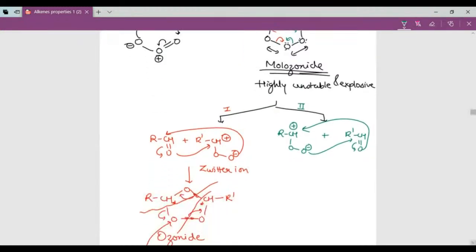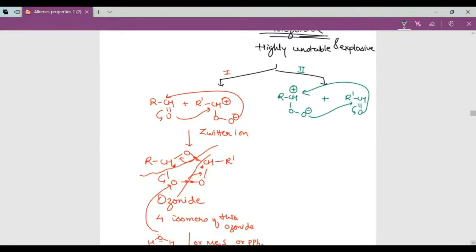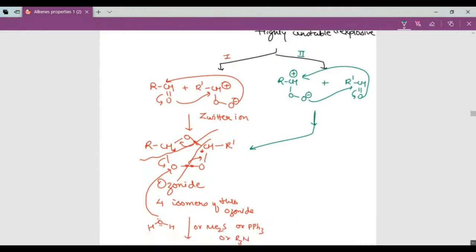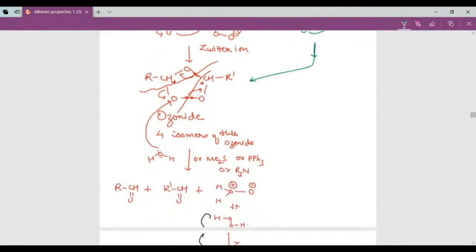Similar mechanism. And I think you all can now see that I'll also have the same ozonide. But what if one R is H? Then definitely there will be a different ozonide. What if one more H is replaced by another alkyl and so on? There are so many possibilities, but that entirely depends.